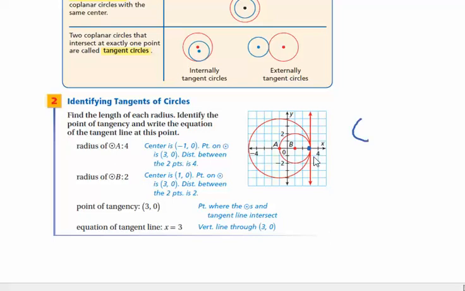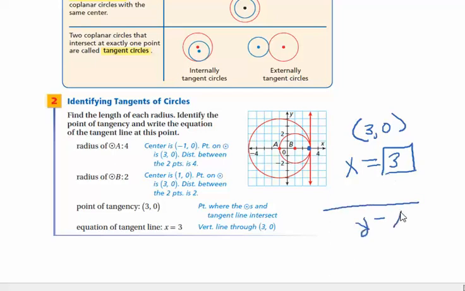So you'll have to find the coordinates of that point. That point is at 1, 2, 3, 0. X is 3, y is 0. And then you have to write the equation. So vertical lines always have the equation x equals whatever they go through. So this one's going through the point of tangency, so it'd be x equals 3. If you have a horizontal line, it's y equals the point that it goes through. So it'd be the y value of the point of tangency.